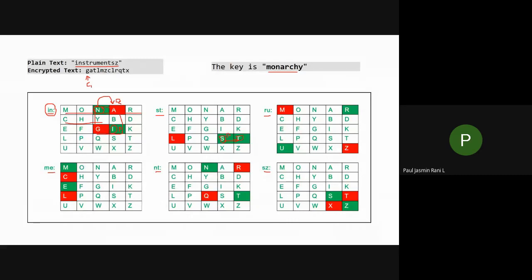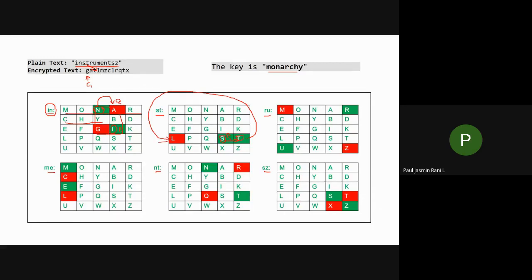For this P1 you get the next alphabet T. So for S, you'll be getting T. Then for your T, after this T you don't have any alphabets, so you have to consider this L. L is your next thing.